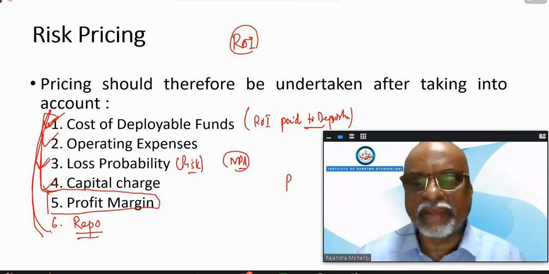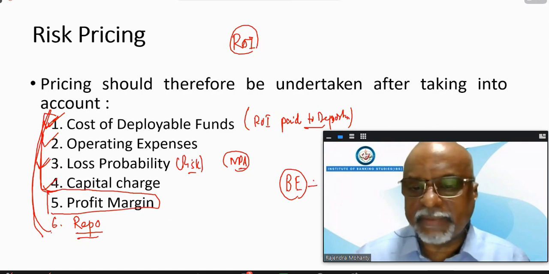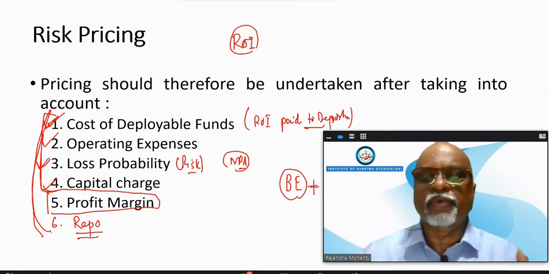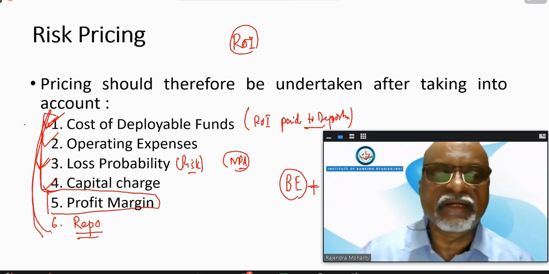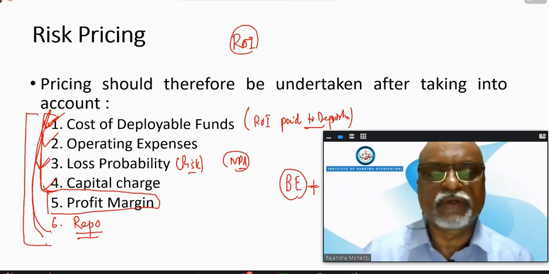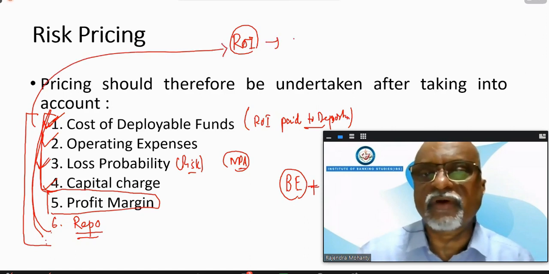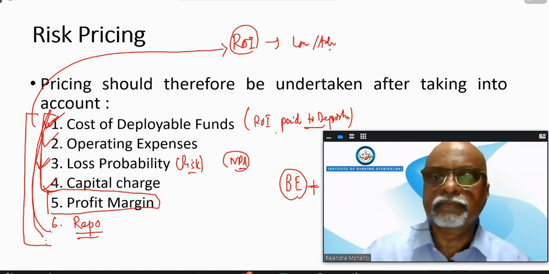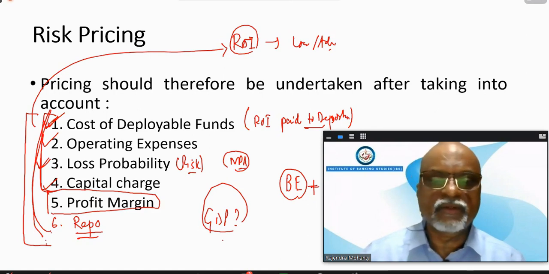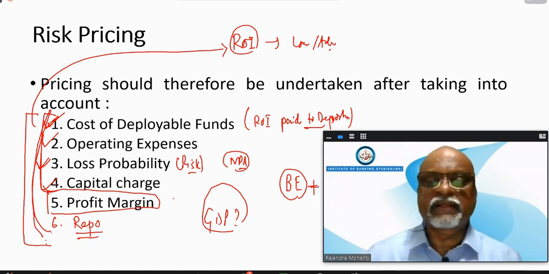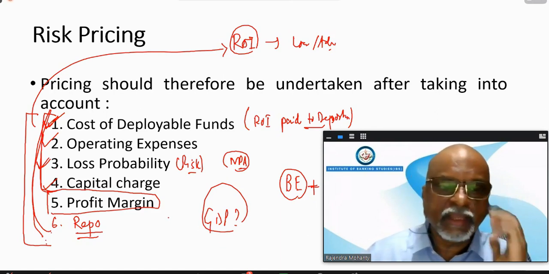Then after all these, the bank has to maintain a profit margin also, because if you take into consideration factors 1, 2, 3, 4, and 6, you reach a break even. After break even, we have to show our profit also, so we add the profit margin. These are the different factors taken into consideration to arrive at the rate of interest to be charged for our loans and advances.